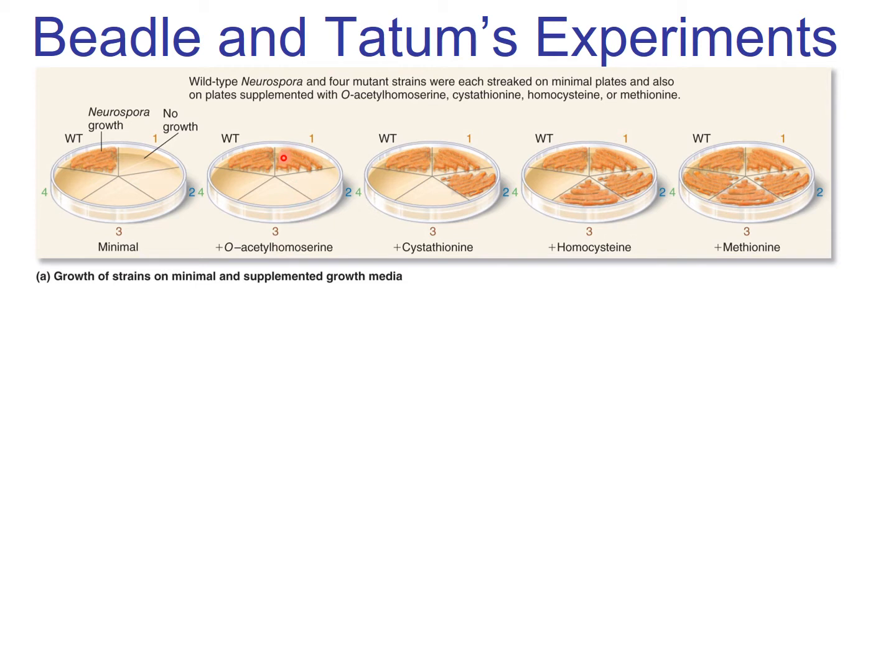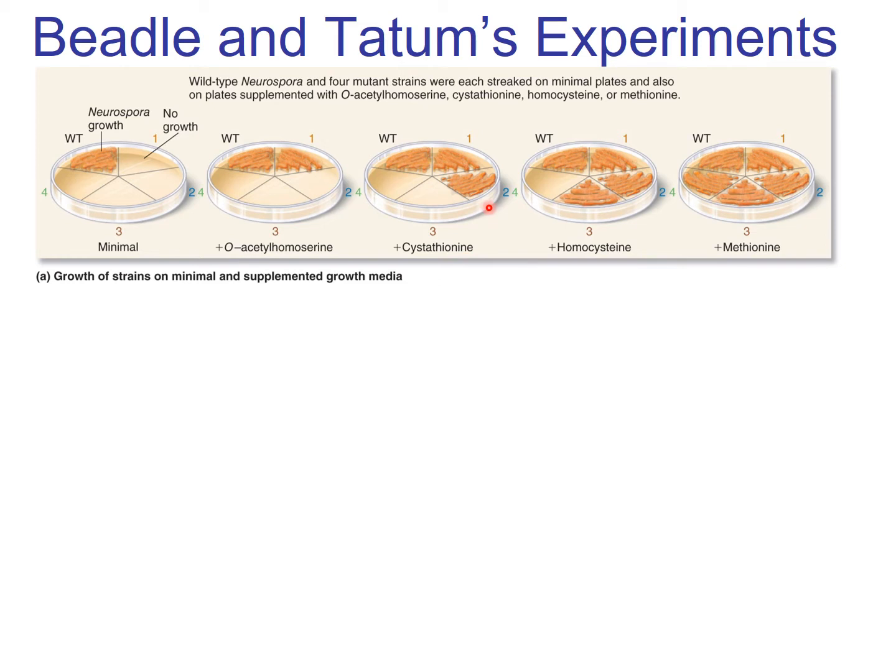When they did that, they saw that one mutant grew. When they added the other compounds, they saw that that same mutant also grew. So this particular mutant 1 could grow as long as one of these compounds was added. Now that was not true for all of the strains, because as we can see here, adding O-acetylhomoserine did not allow growth for mutant number 2.